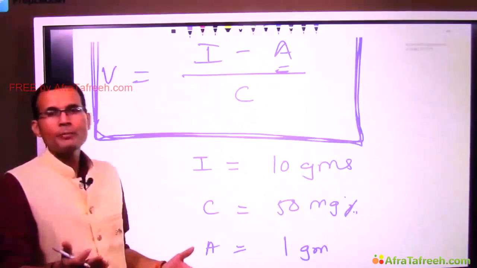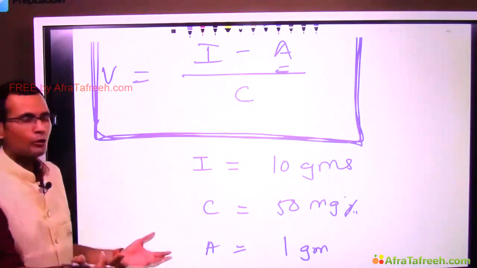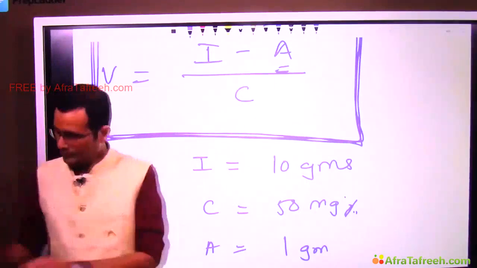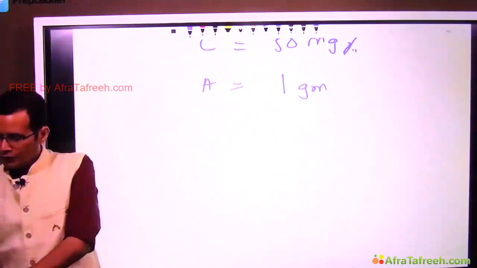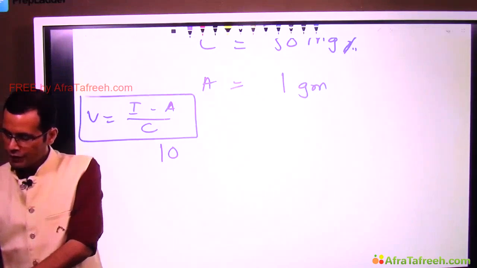Okay, so what will be the volume of the ECF? Let's put the values here. V is equal to I minus A upon C. That's the equation.